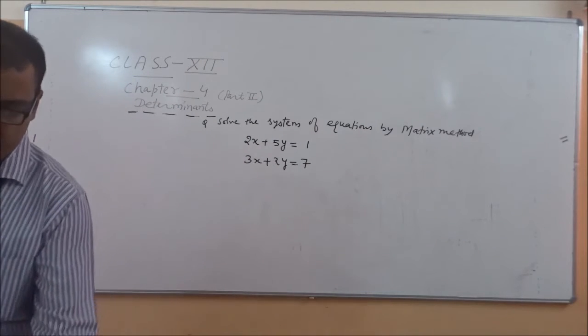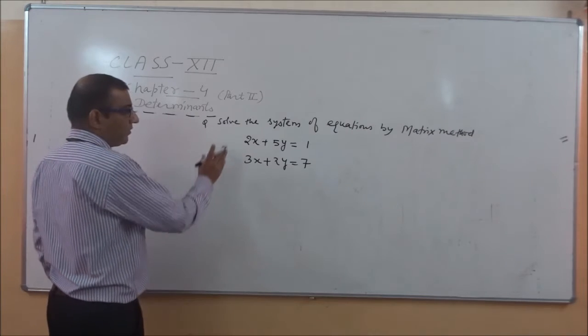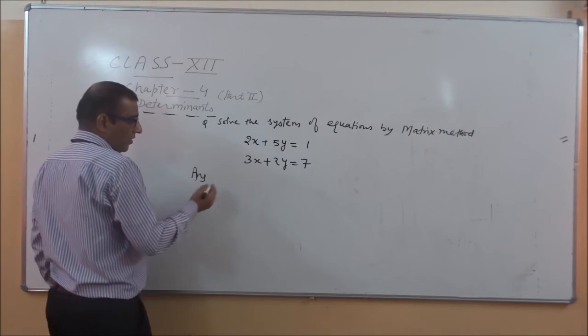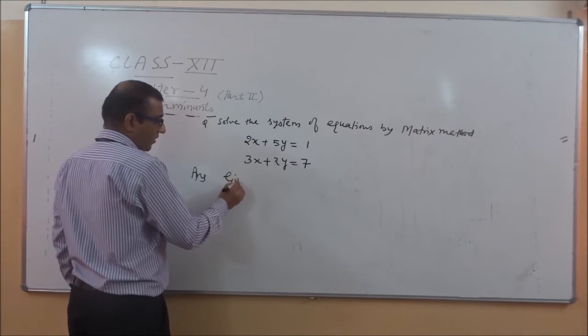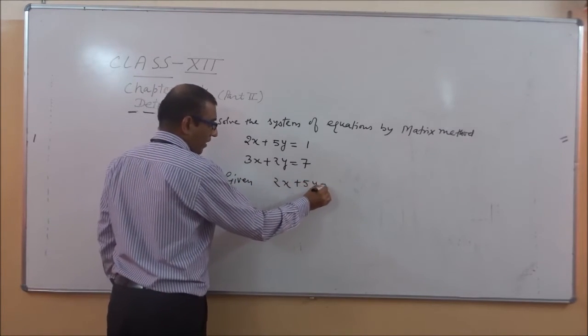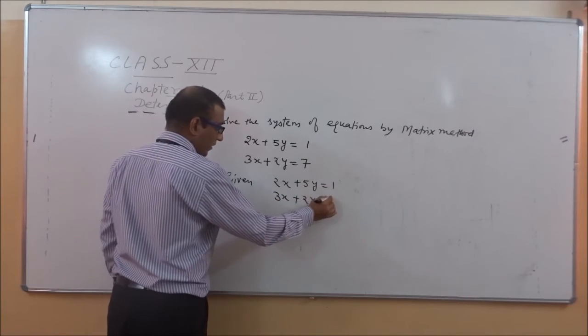If such type of information is given to us, then how can we solve this system of equation? How can we start it? So first we will write, we have given 2x plus 5y equals to 1, 3x plus 2y equals to 7.